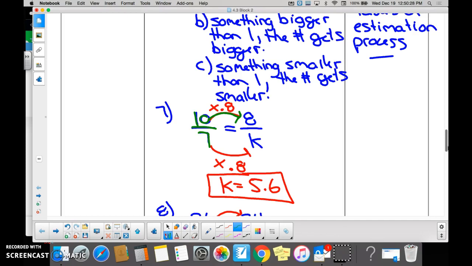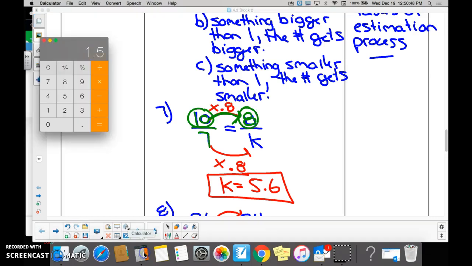To go from 10 to 8, we are going to multiply by some sort of number. So we said, okay, what's 10 times 1? 10. So if 10 times 1 is 10 and we want to get to 8, we're going to multiply by a number that is what compared to 1? Smaller. Okay, so we're going to actually use the number 10 and the number 8 to figure out what that number is. So we popped out our calculators and we took 10 and divided by 8.